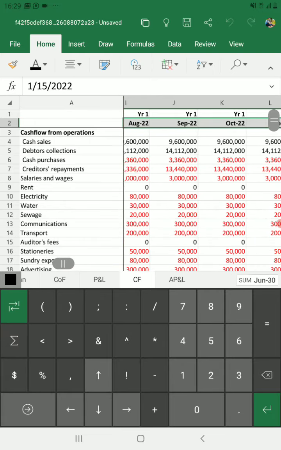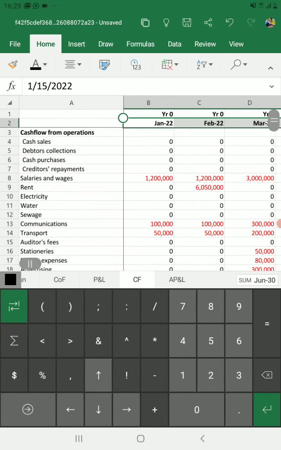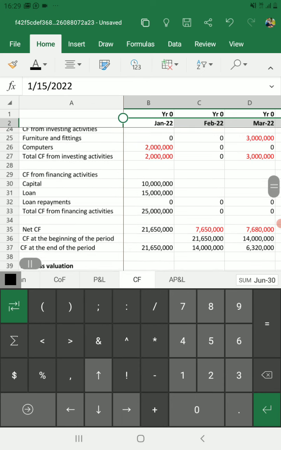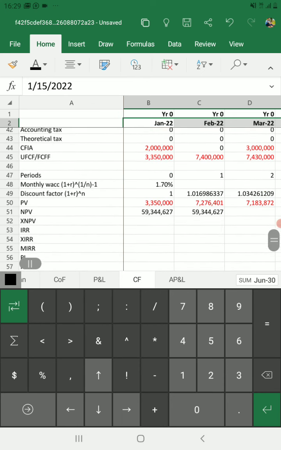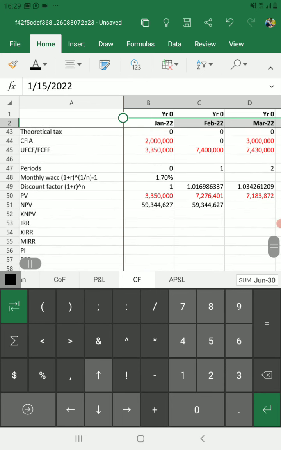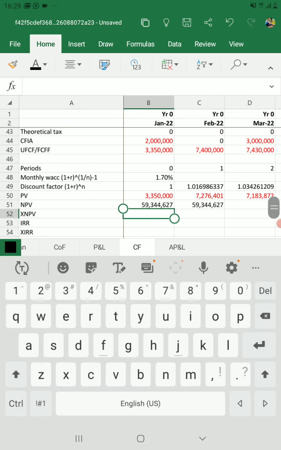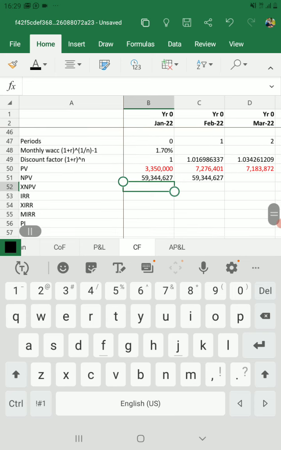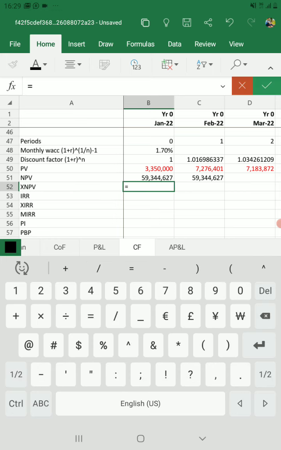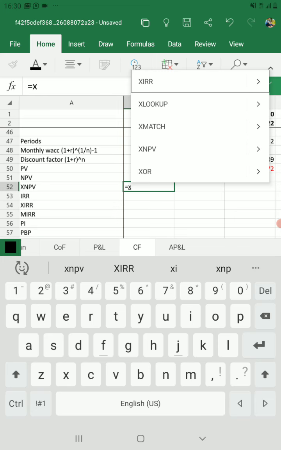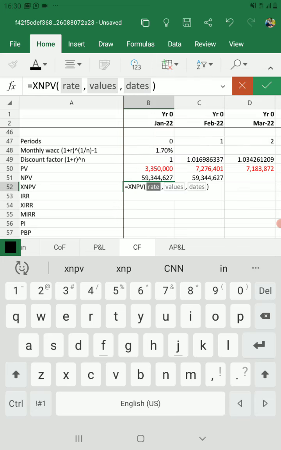So after doing that, we can apply these other formulas, and I'm not going to do the manual here because I have already explained how to do them in the annual computation. So go and read the previous tutorials if you want to learn more about them. So XNPV, we start with an equal sign, XNPV, that one I pick.